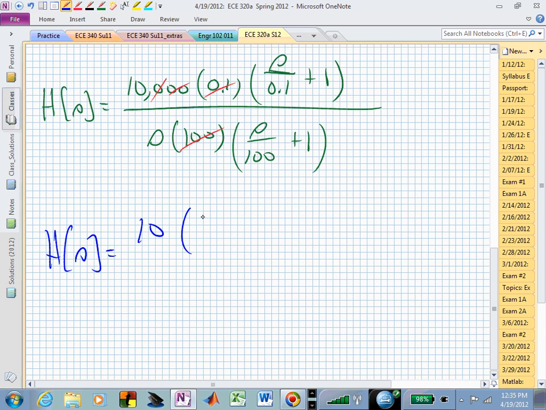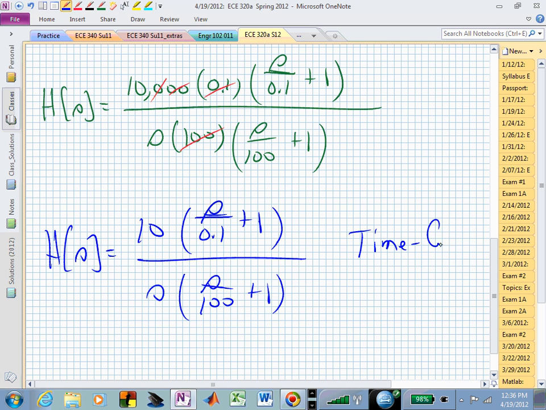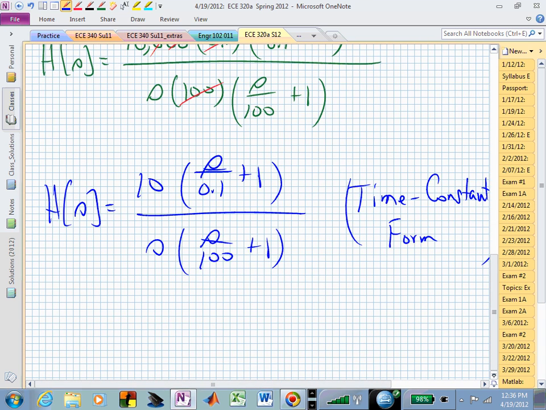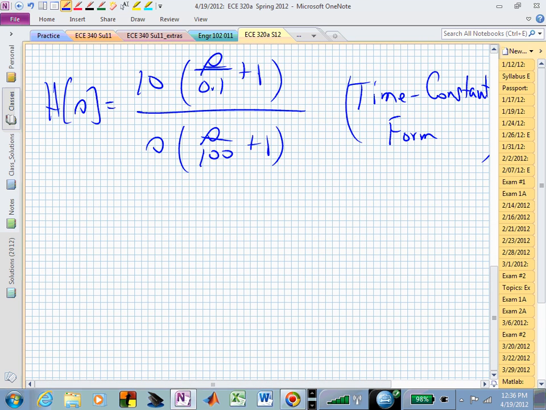It's 10 s over 0.1, all over s over 100 plus 1. And this now is in the form that we want in order to sketch the Bode plot. And that's our time constant form. And we really are not looking at H of s for all values of s.